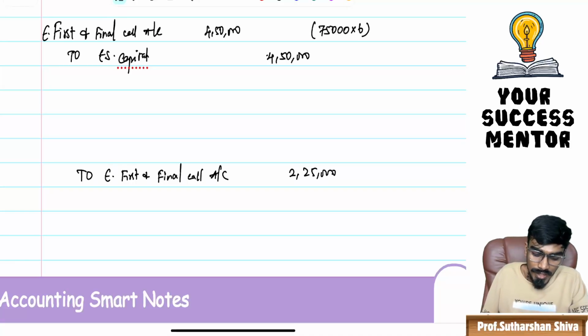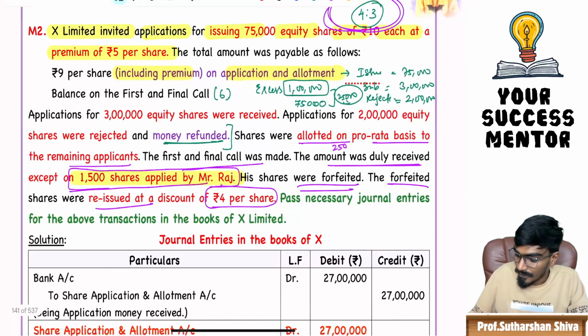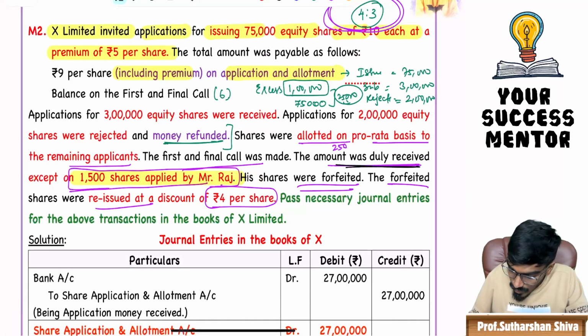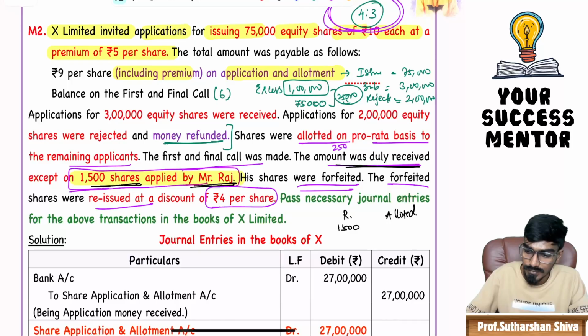On that, there is a clear instruction given. The amount was duly received except for 1,500 shares applied by Mr. Raj. Mr. Raj applied for 1,500 shares, and we only allotted 1,125.